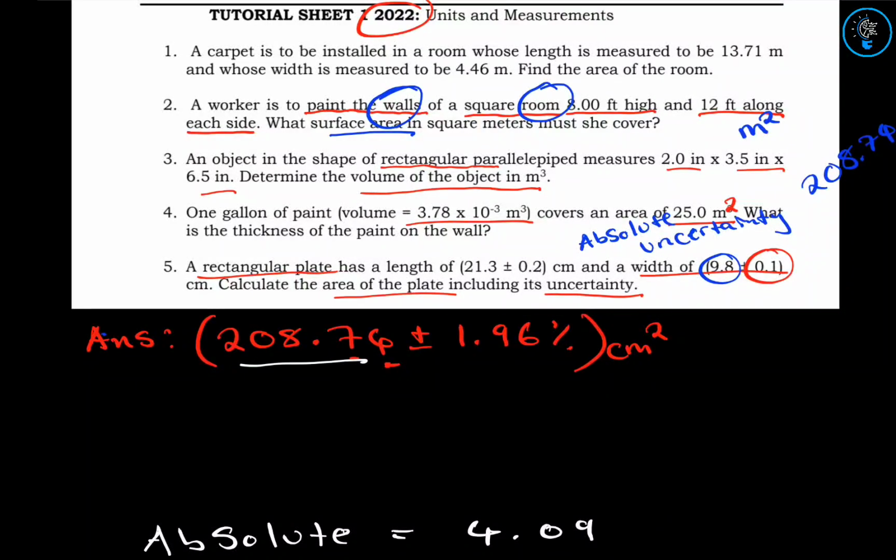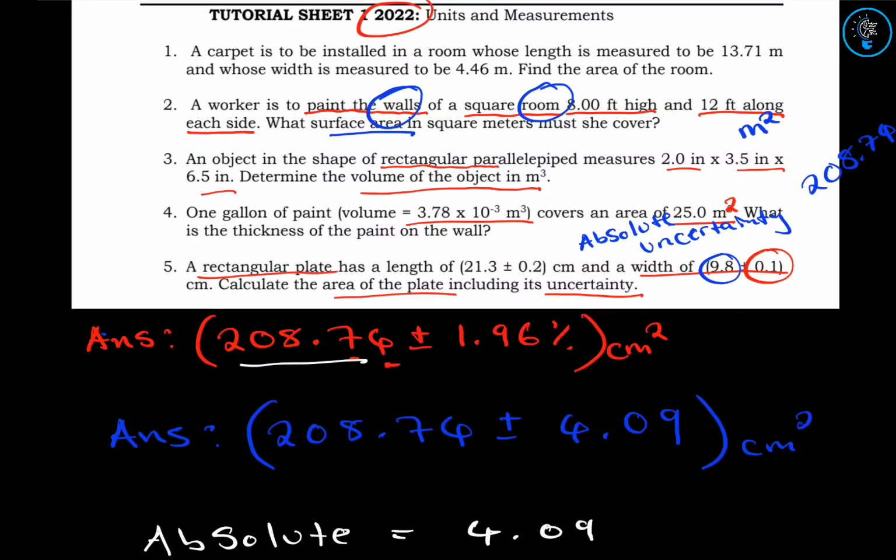So here's how you can write your answer if you want to write it with absolute uncertainty: the central value, which is just the same, plus or minus 4.09 centimeters squared.